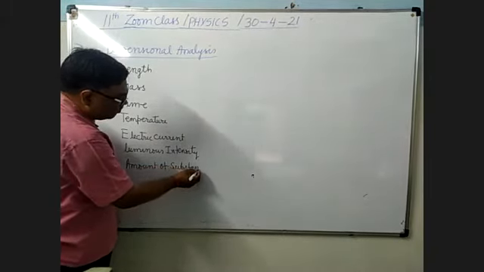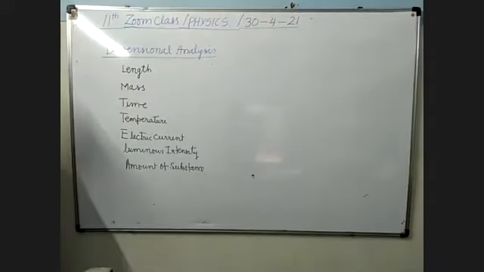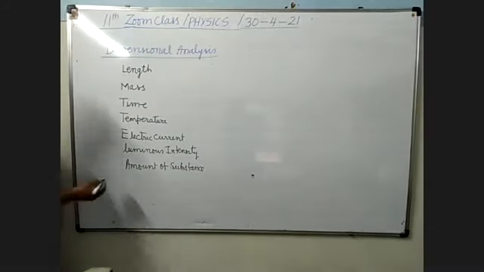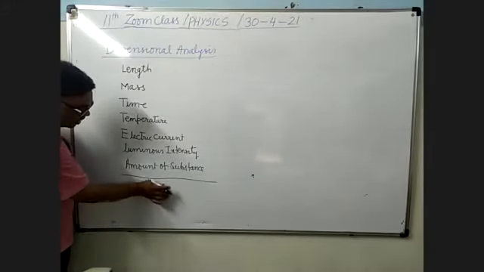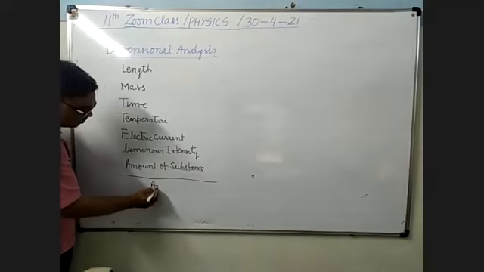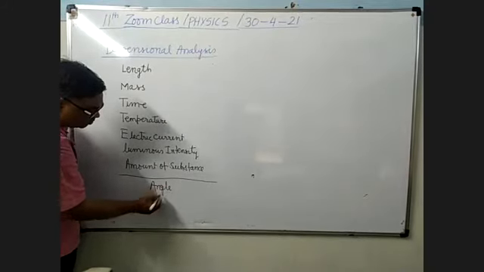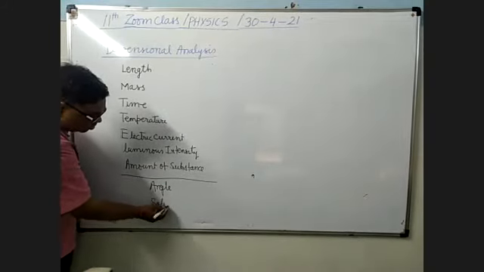These are the 7 fundamental quantities. There are 2 supplementary quantities also, that is angle and solid angle.